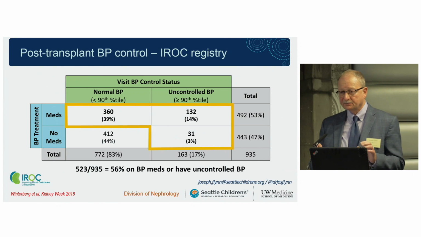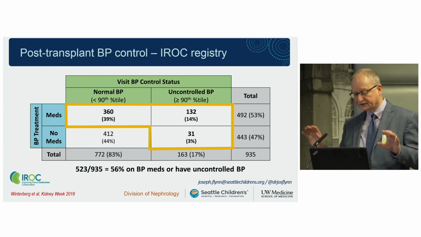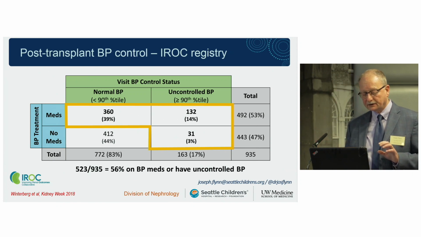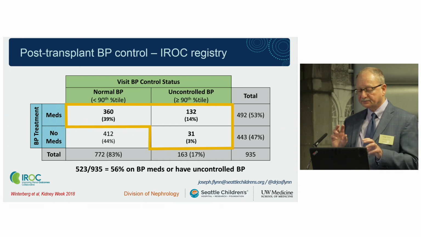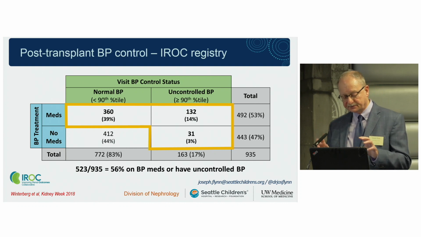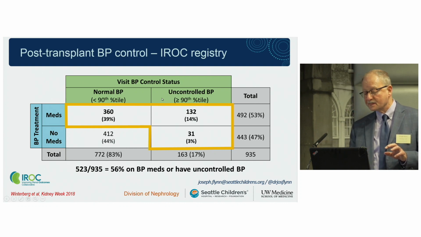These are unpublished data. Don't tweet this slide, from our Improving Renal Outcomes collaborative registry, where we looked at blood pressure control status after transplant. And you can see it's divided up into those with normal measured blood pressure, those with abnormal measured blood pressure, those on medications, and those off medications.